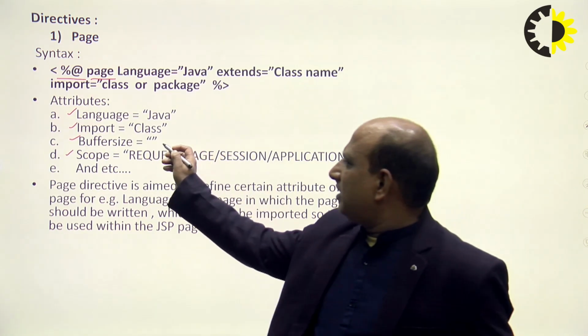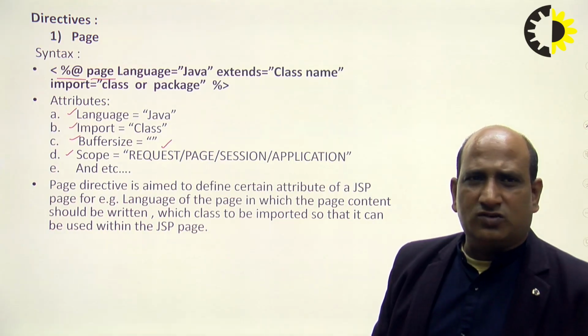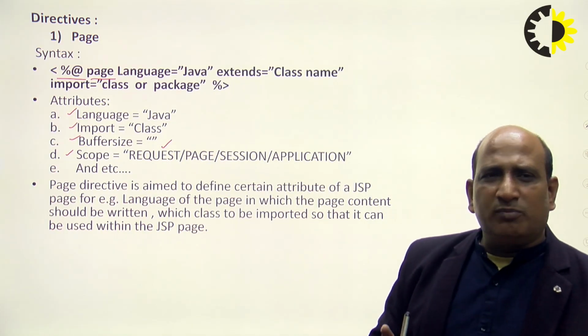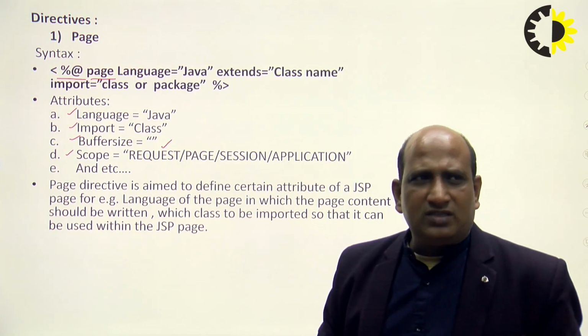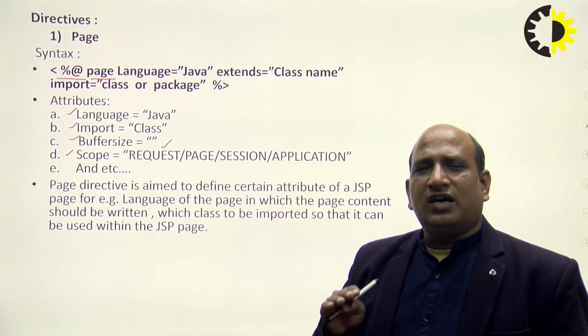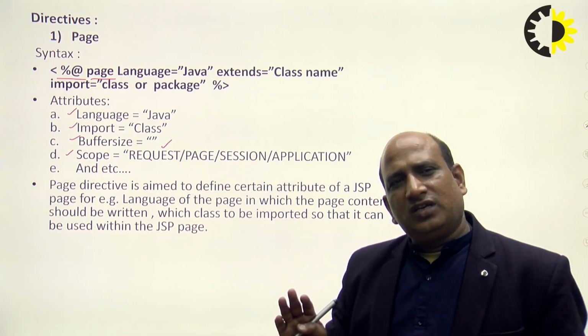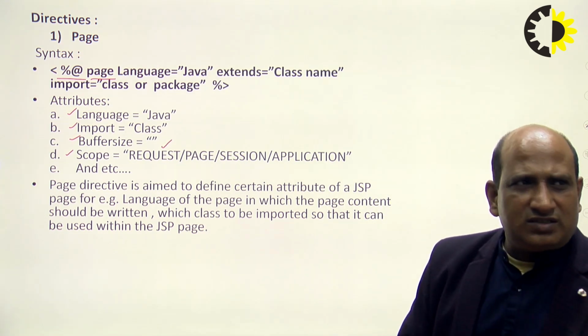If you have written request as the scope, the request scope tells the compiler that the things of the current page are accessible only until the current request of the user. If the user sends the next request, the current page things may not be accessed.